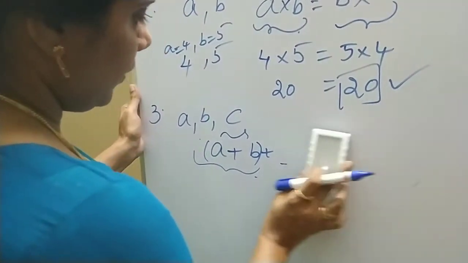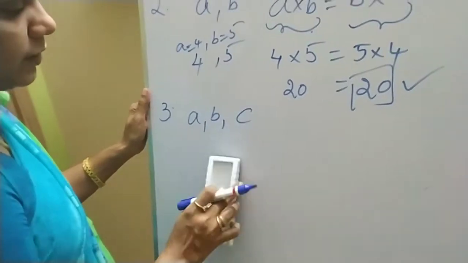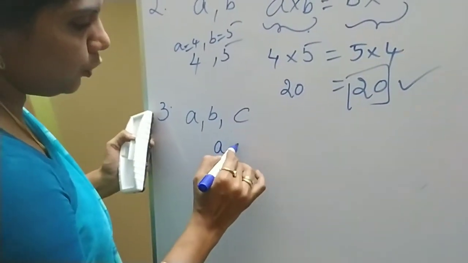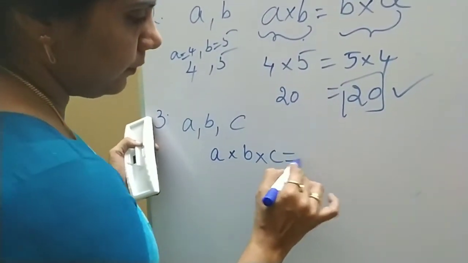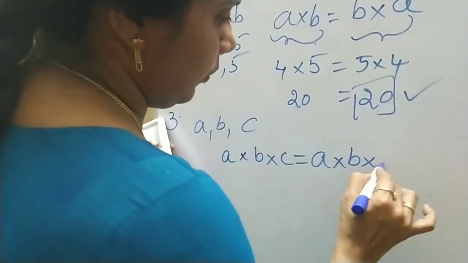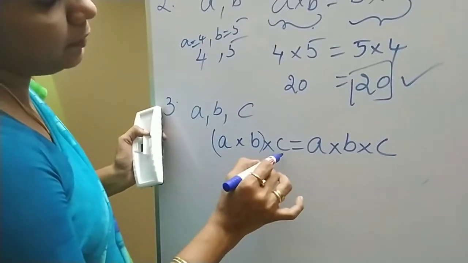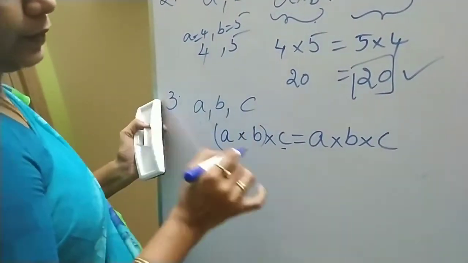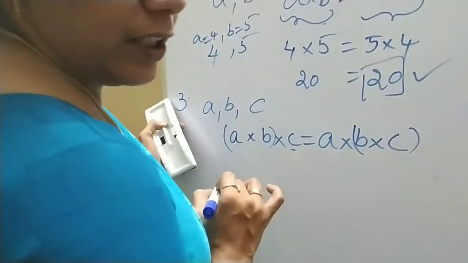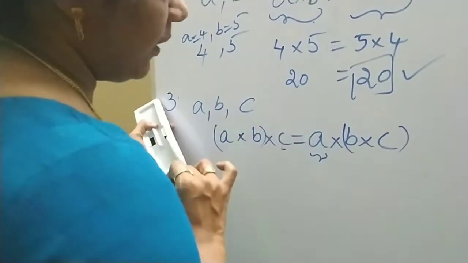Now in multiplication, same, in place of plus, we will place into: a into b into c. First I will multiply these two, after that multiply with this c. Or first I will do this multiplication, after that I will multiply with a.